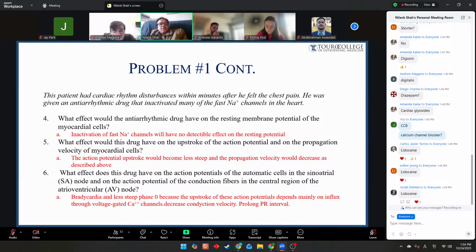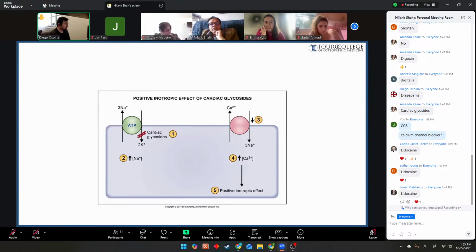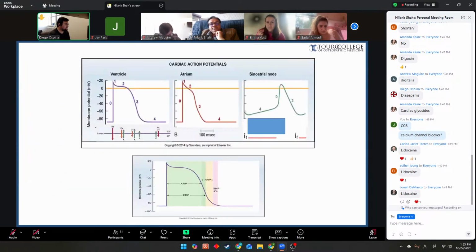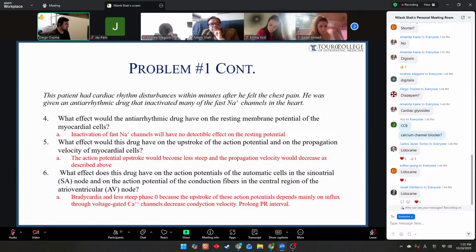If you use a drug that's a sodium channel blocker. Very good. What is the answer to number 6? Yes, Diego. Because this drug is blocking the fast-acting channels, it will have an effect on the SA node but not on the AV node, because that one actually uses slow leak sodium channels, and then it's the calcium channels that take over for the upstroke.